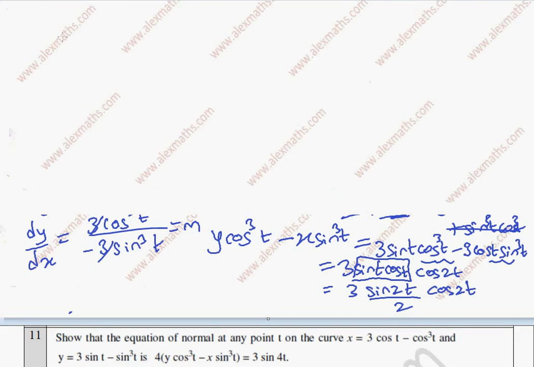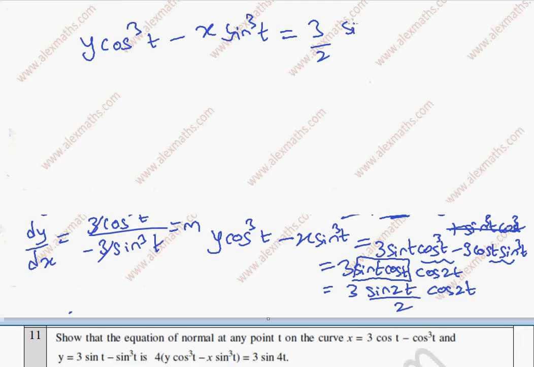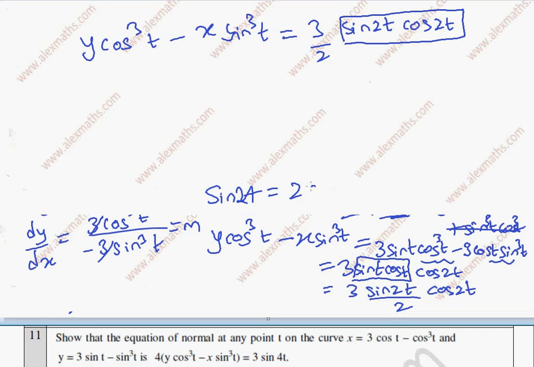Then finally y cos cube t minus x sin cube t equal to 3 by 2 sin 2t into cos 2t. This is once again sin 4t by 2. Everything is applied from the formula sin 2a equal to 2 sin a cos a.